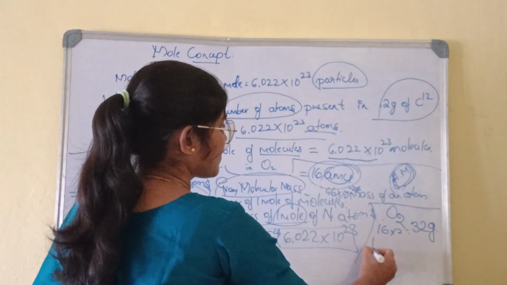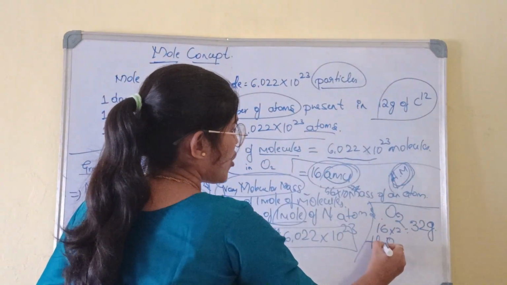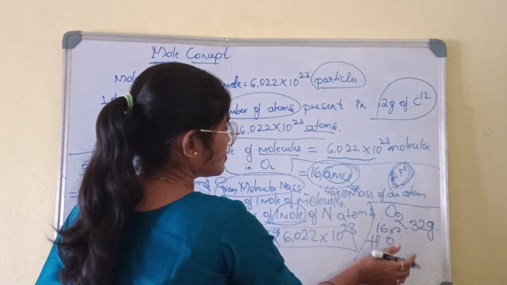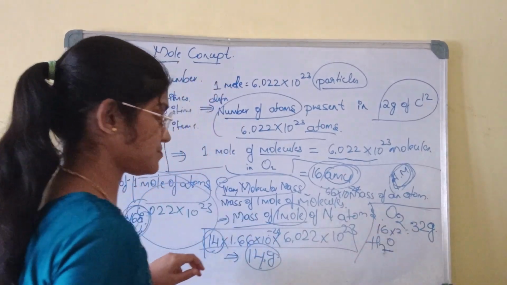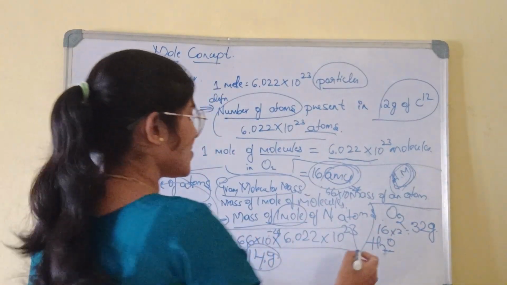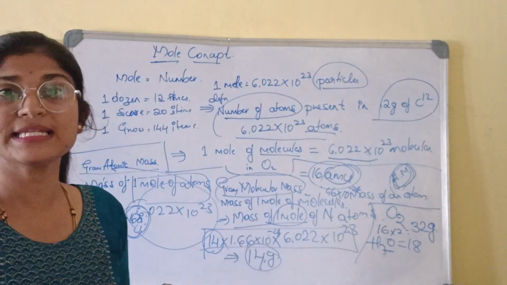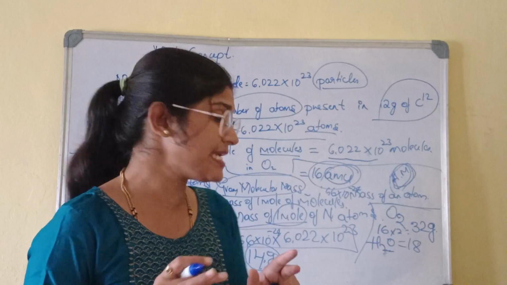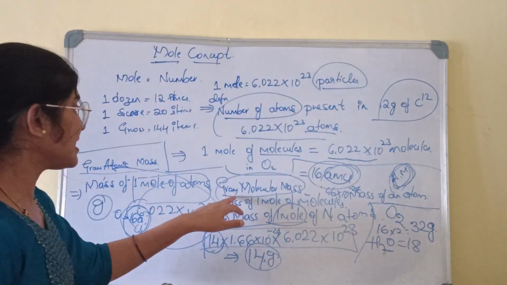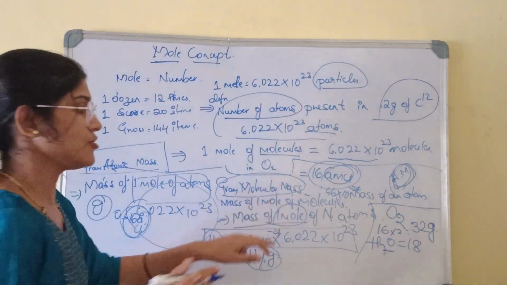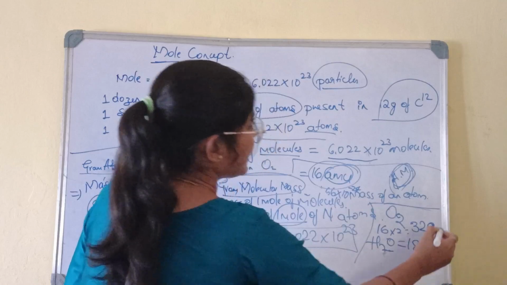Next example, water, H2O. The molecular mass is 18 AMU. But we are discussing gram molecular mass here, so it is written as 18 gram.